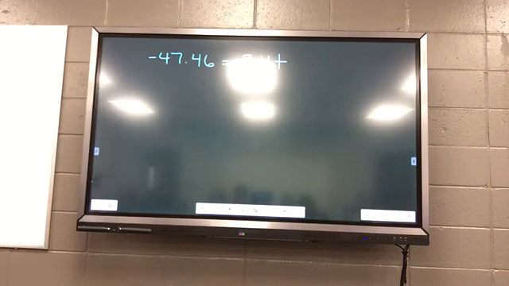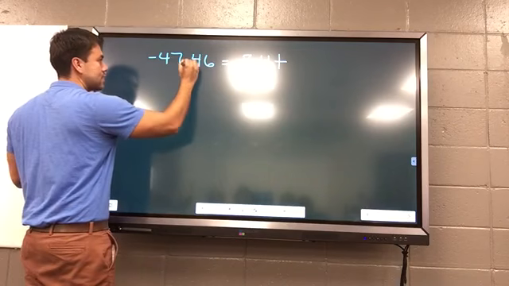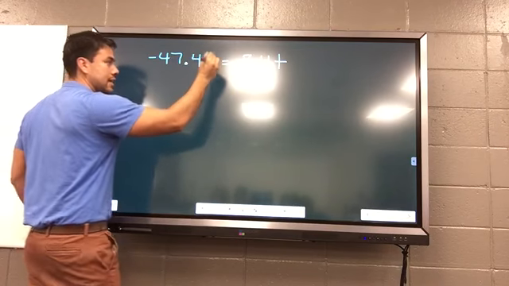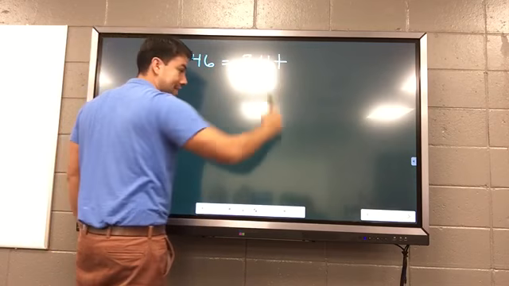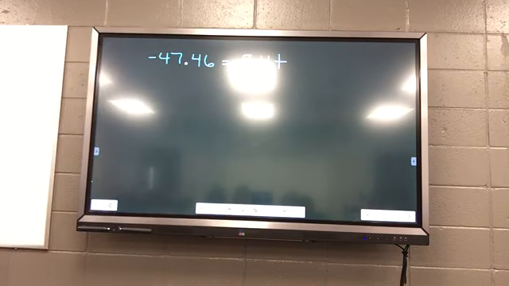Okay. Oh, I don't like this problem because we have what? Decimals? Now, here's the problem. Negative 47.46 equals negative 8.4t. So that's a variable t. What kind of equation is this? Multiplication. What do you do to a multiplication equation? Divide.